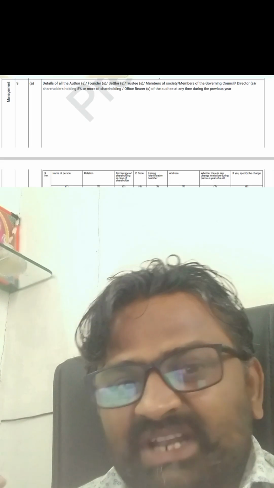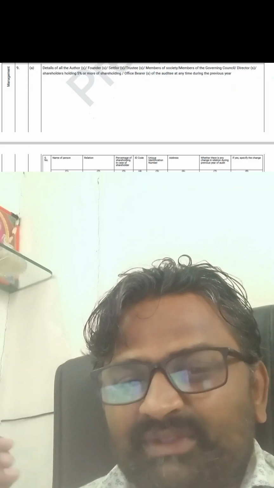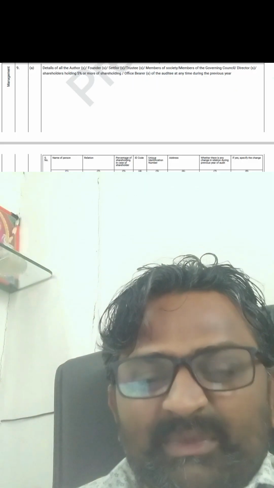So if the trust has provisional registration, then for commencement of activity, whether the activity commenced from the start of the said financial year, mention the date when the activity commenced. Other questions are whether the books of account and other documents have been kept and maintained in the form and manner required.